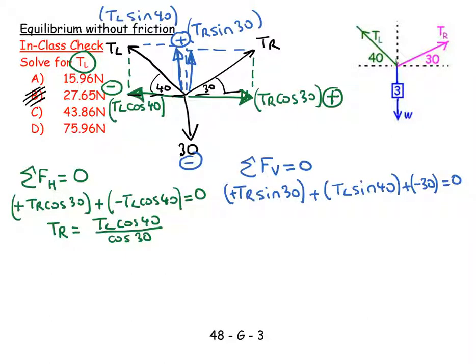So T right is equal to, well, it's going to be 30 minus T left sine 40 divided by sine 30. Take that to the other side, subtract that from it, rearrange.